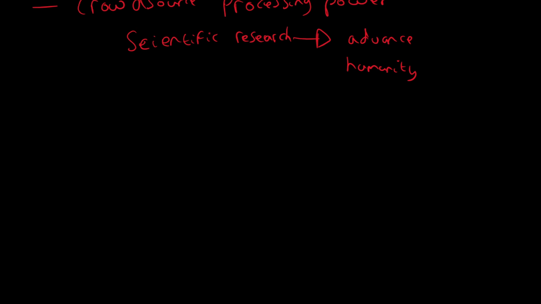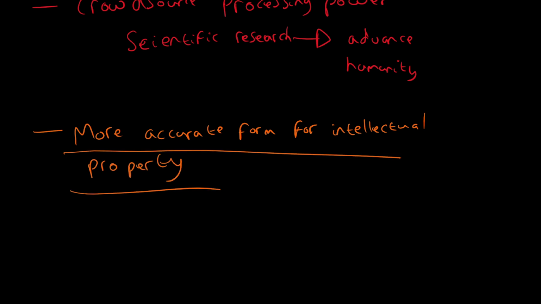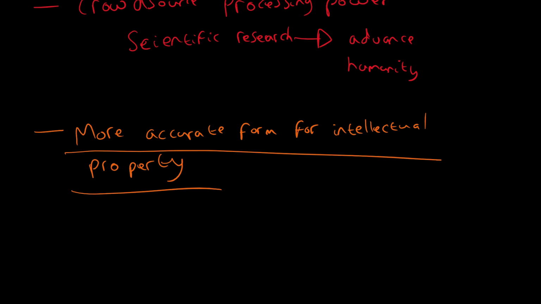Another great use case, or another reason why you might want to use it, is that it provides a more accurate form for intellectual property. Because if, let's say, for example, we have a system using blockchain for intellectual property, people can't say, oh yeah, I made a note of this somewhere.